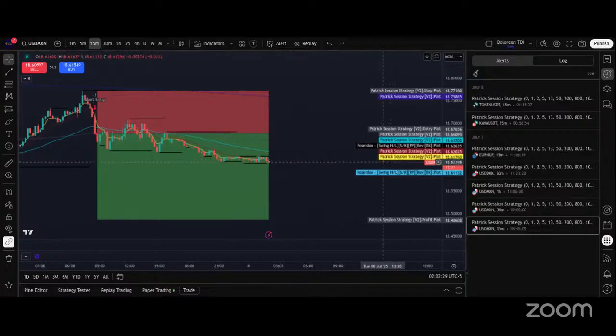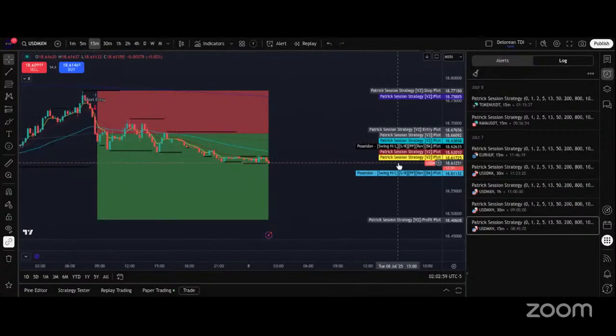It represents the power of the buyers in the market. The red line is the 13 exponential moving average. It represents the power of the sellers in the market. So when you're looking at any asset on any time frame, in this case the 15-minute, if the red is over the yellow, the 13 exponential moving average is over the 5 exponential moving average, that means that the sellers have control of the market on that asset on that time frame.